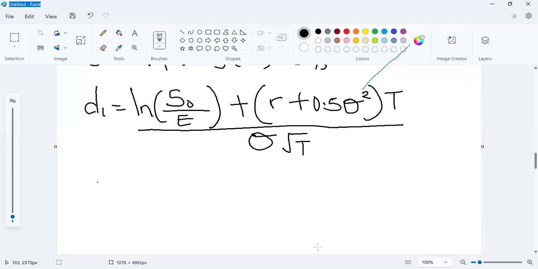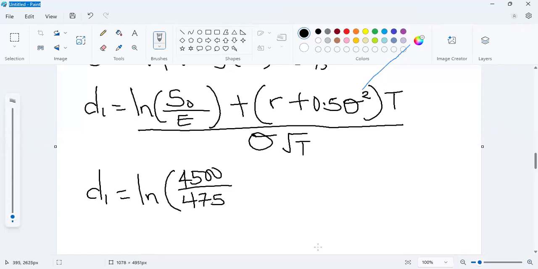You can now say your D1 is equal to, in bracket, our X0 is 4,500, our capital letter E, 4,750. Close the bracket, plus open another bracket.